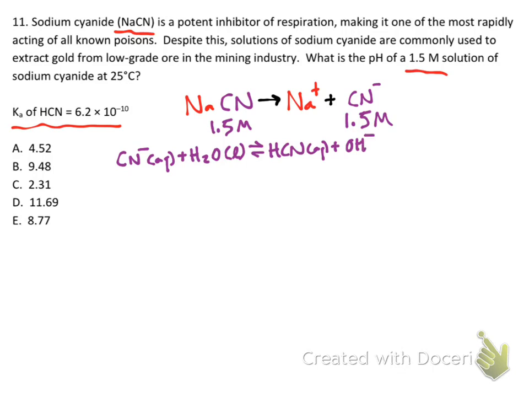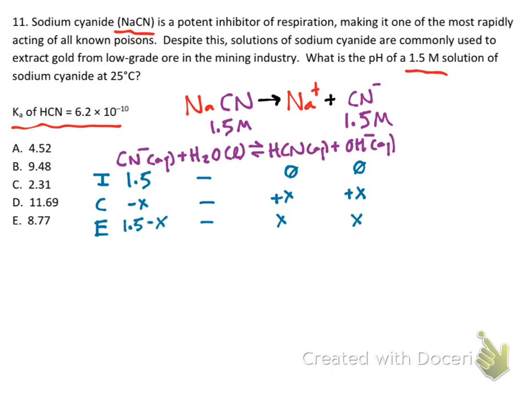Water is the source of our hydroxide here. We'll do our ICE table. We've got 1.5 molar CN-, 0 of the HCN, 0 of the OH-, minus X, plus X, plus X, to give us 1.5 minus X, X, and X.